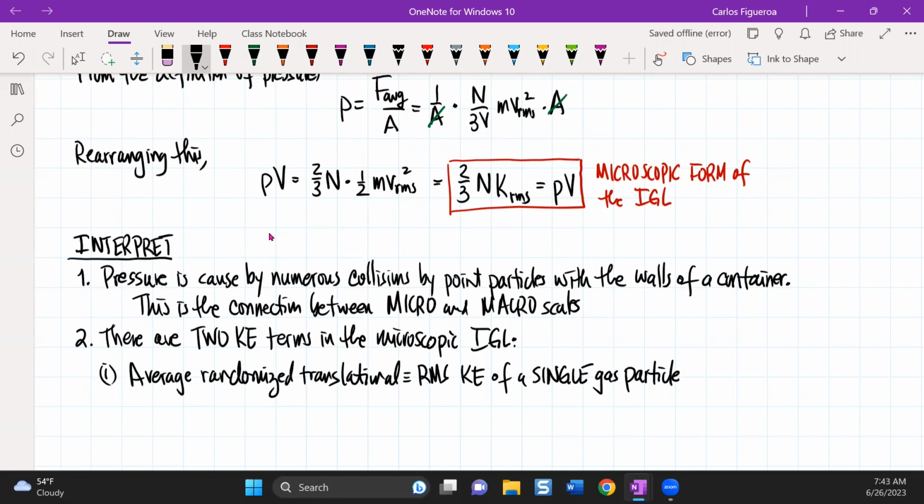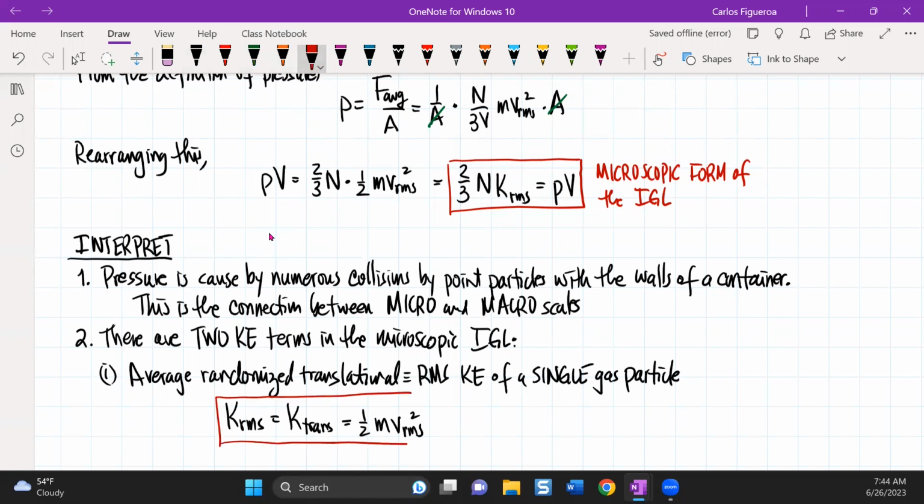Right? Because when I look at this thing, here's what we mean. We say that if I have a single gas particle, this KRMS is also the K translational of a single gas particle, but I'm not going to call it translational. Most of the time I call it KRMS, and then this guy has to be 1/2 mv RMS squared of a single gas particle. Okay?